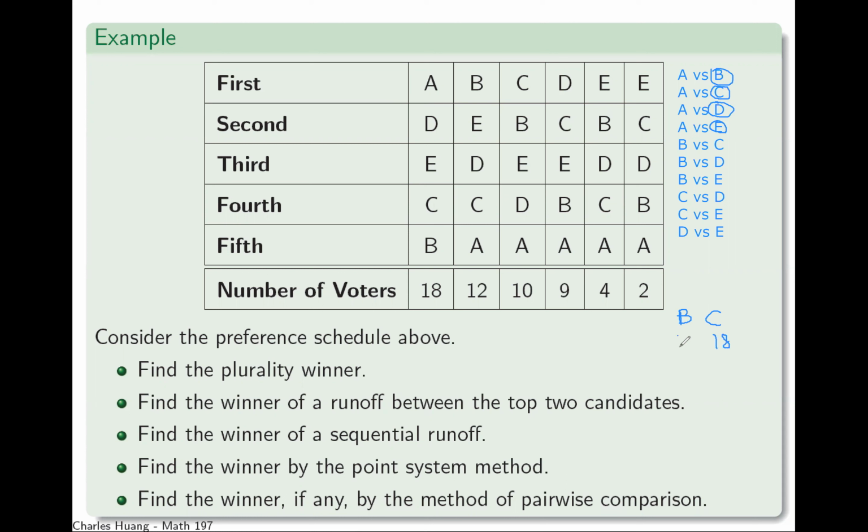In the second column, the 12 people, they like B. Third column, 10 people, they like C. And then this column, they like C. This column, they like B. And then this column, they like C. So we had to go through that and find out that C wins. And we had to go through that for all 10 different head-to-head matchups.